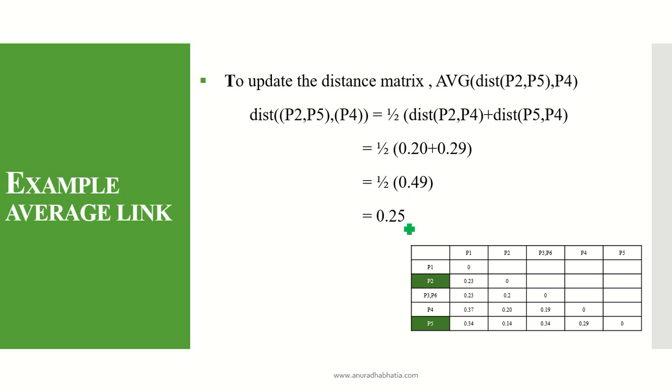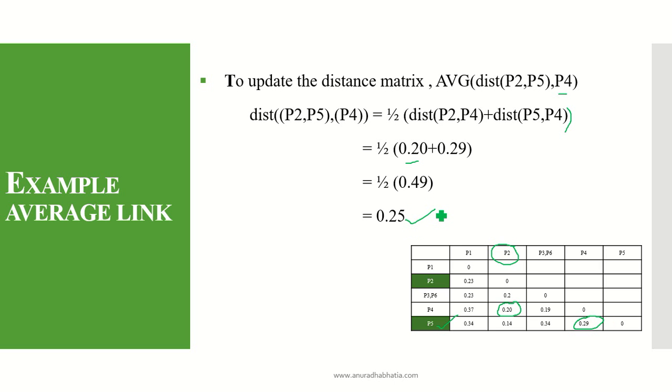Next is P2, P5 with the point P4. So I get P2 to P4. This is my P2 over here, this is my P4 over here. It's 0.20. I put it here. P5 to P4: this is my P5 over here, this is my P4. So it is 0.29.